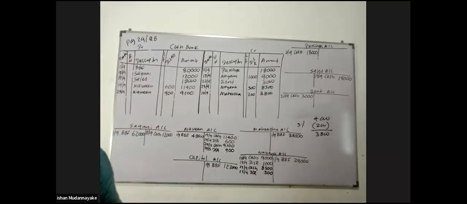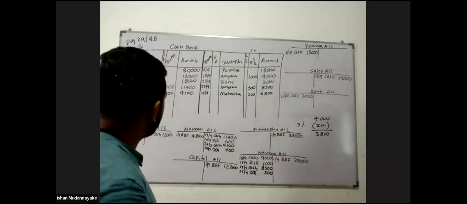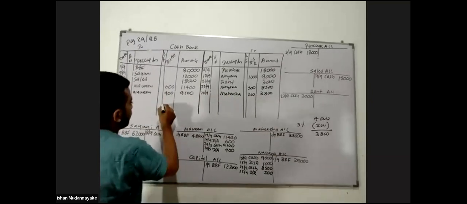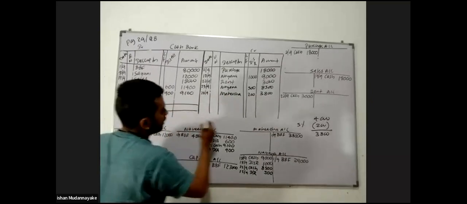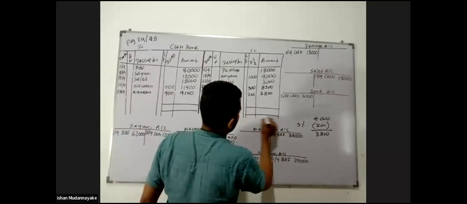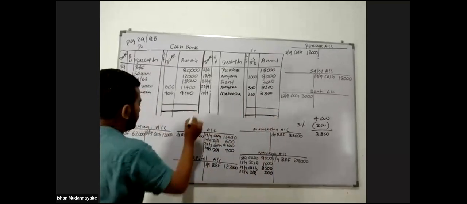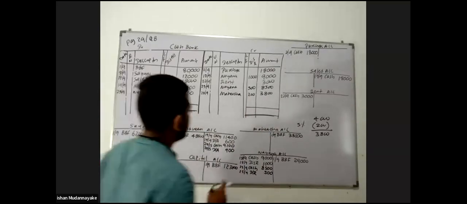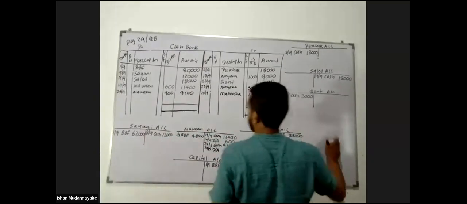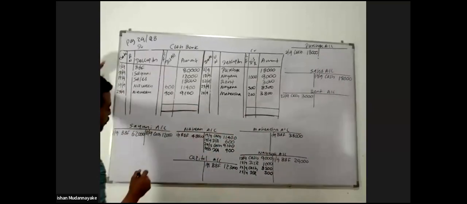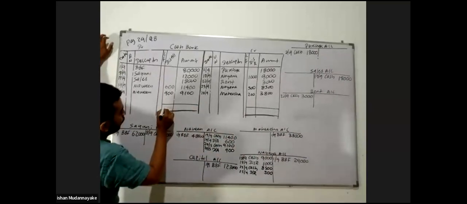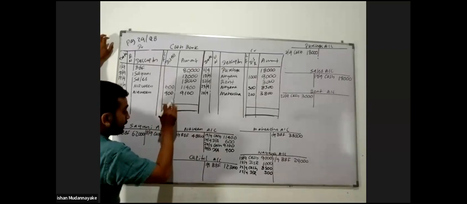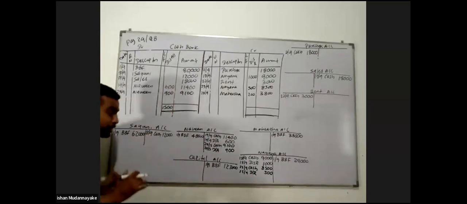Now you need to balance these ledger accounts as well as the cash book. Then you can prepare the trial balance of the business. Now, discount allowed total amount, how much? Total 1,500. The total discount allowed is an expense of the business.